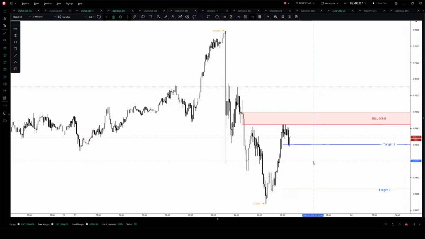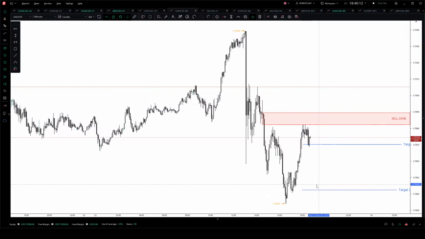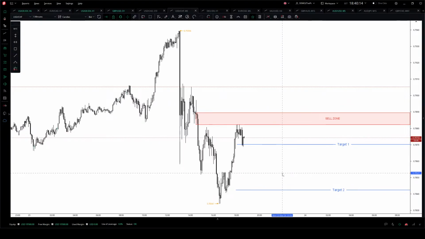This is a 5 minute time frame, and we are targeting here. Second, first is already achieved.